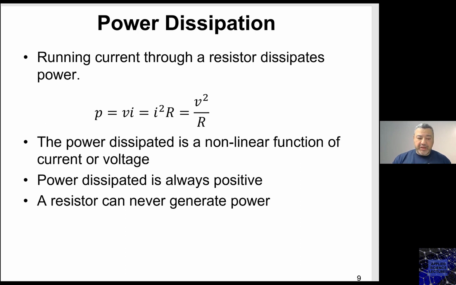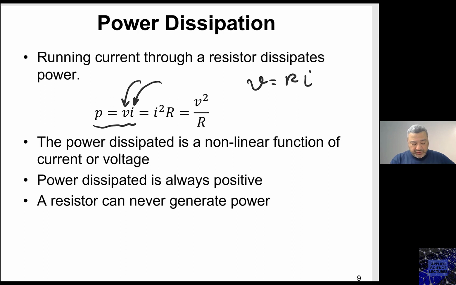Now, the power dissipation is nonlinear because, as you can see here, if I say that the power is the voltage times the current, and then I substitute the voltage with its equivalent or the current with its equivalent. So in this case, I know that V equals Ri.